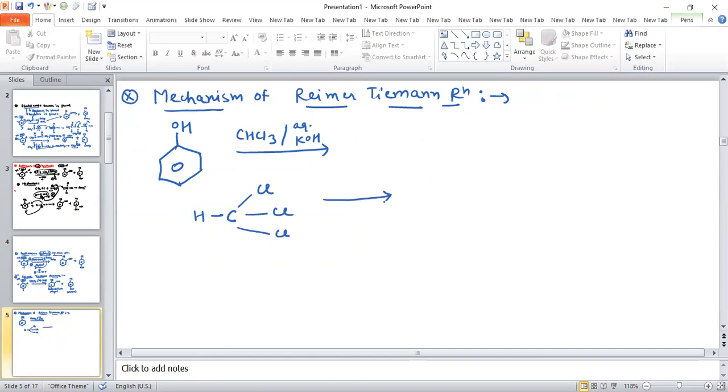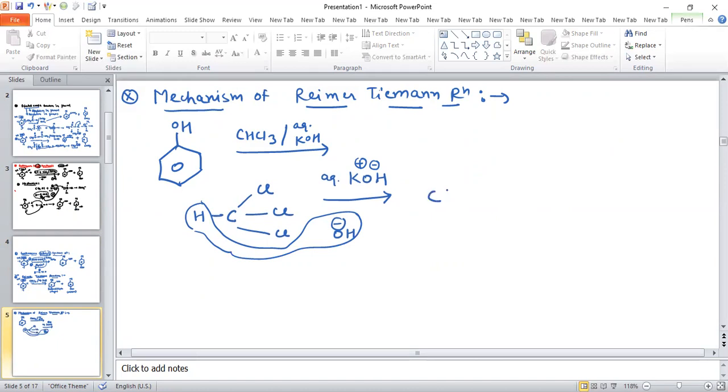Now we have aqueous KOH, so this is K plus and this is OH minus. This OH minus will remove the proton. So this H plus will be abstracted by OH minus.